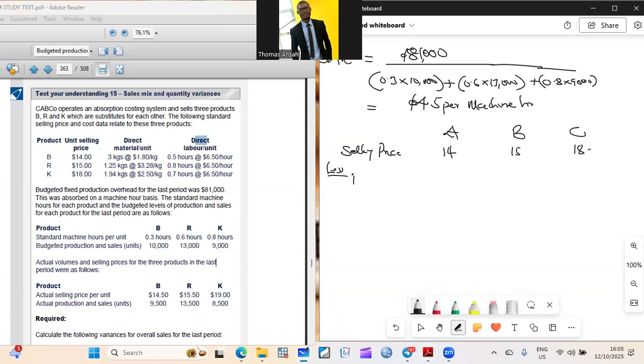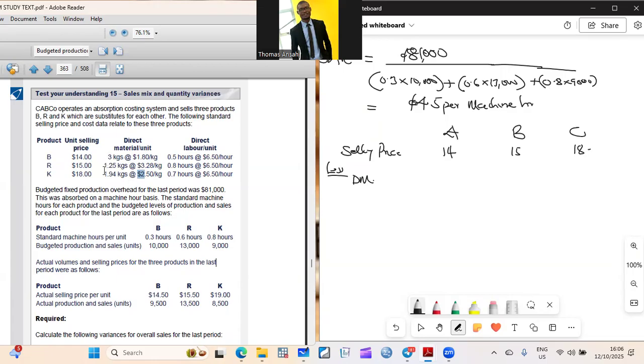So direct material per unit, how much is that? This is the standard. They will need 3 kg at 1.80.